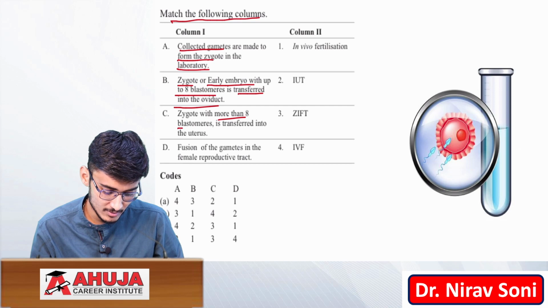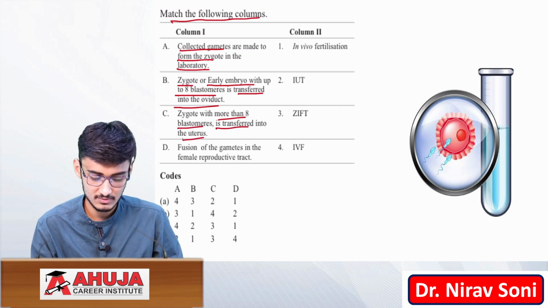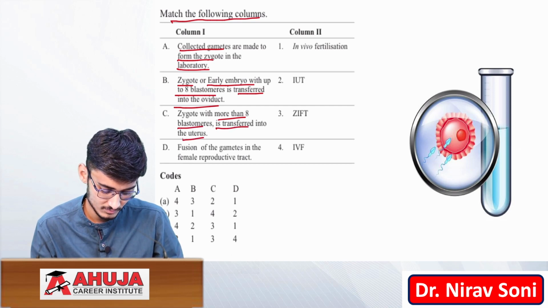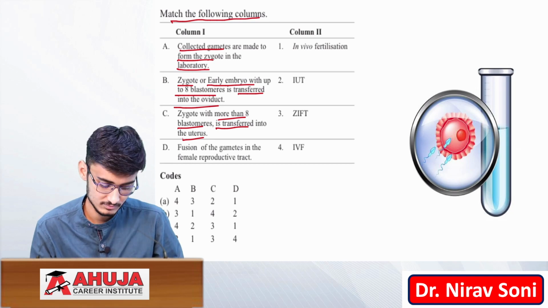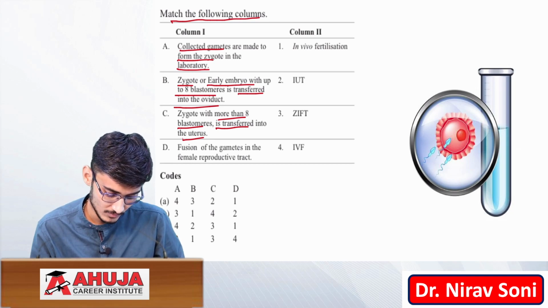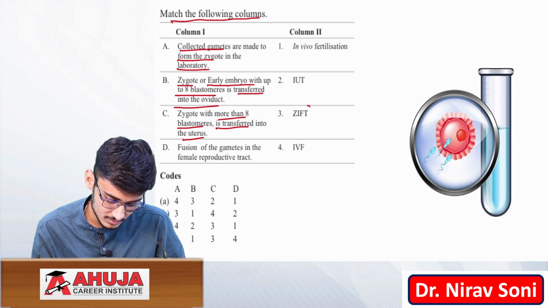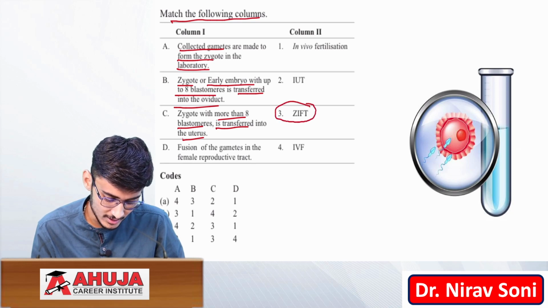Zygote with more than 8 blastomeres is transferred into the uterus. This is called zygote intrafallopian transfer.